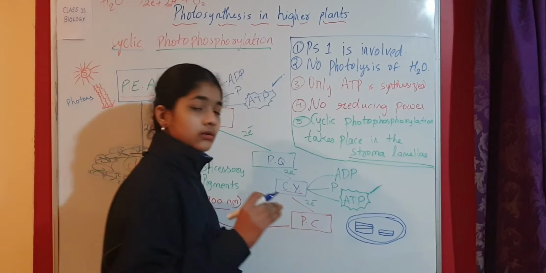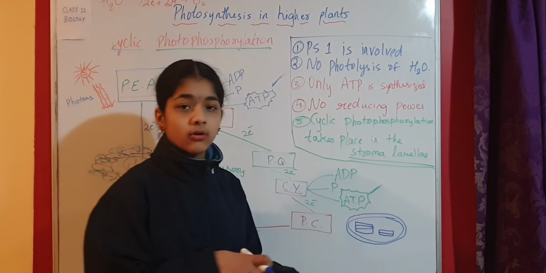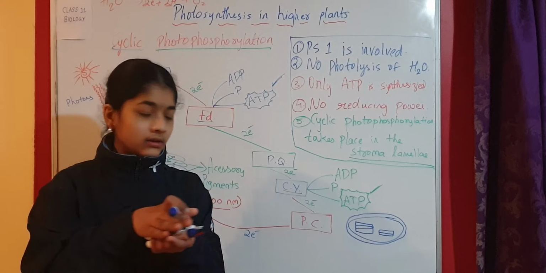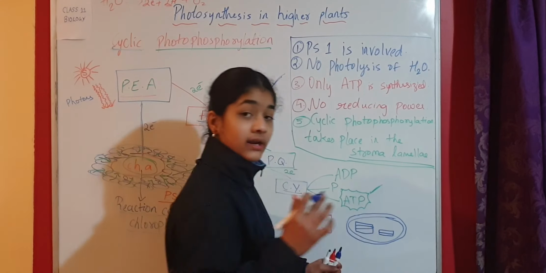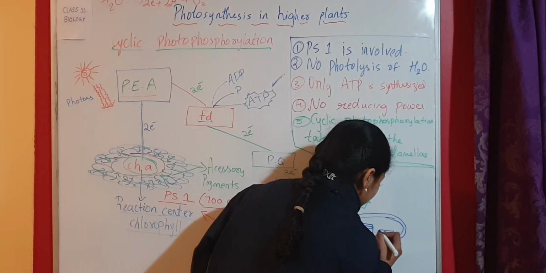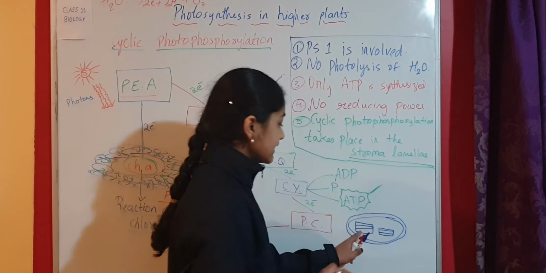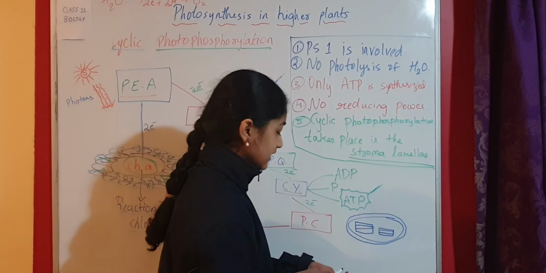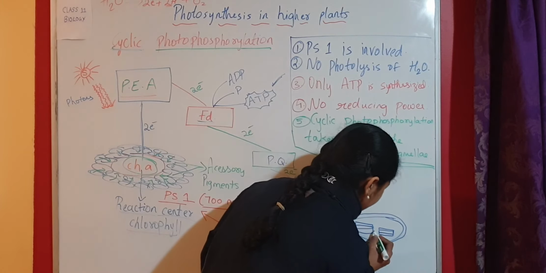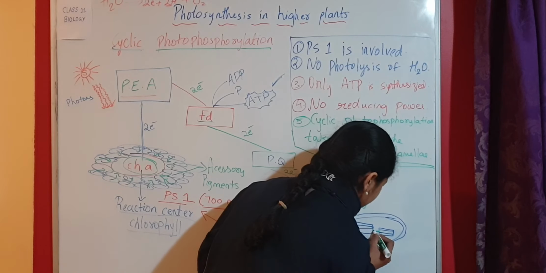The thylakoids are stacked onto each other, and that stack is called a granum, plural grana, and these two grana are attached to each other by some interconnections like this.